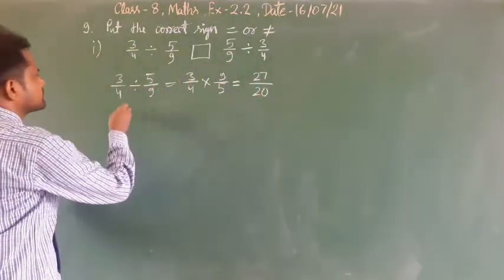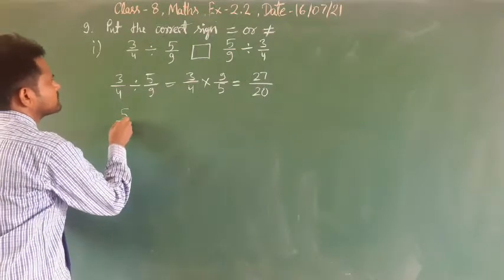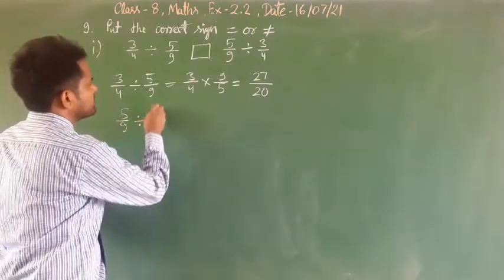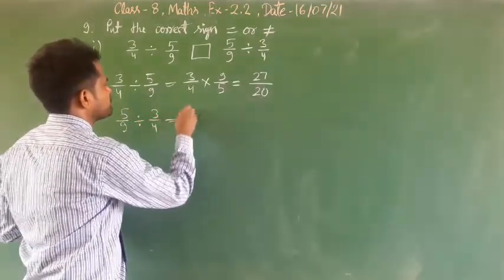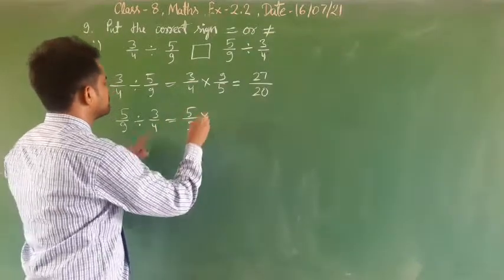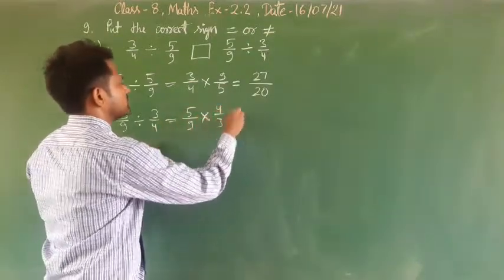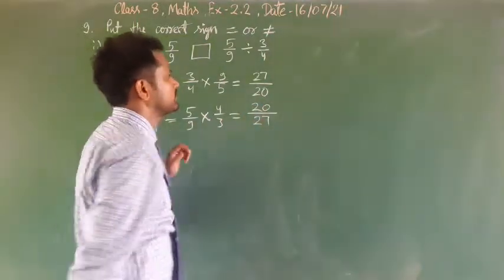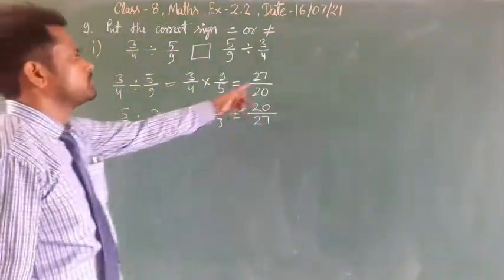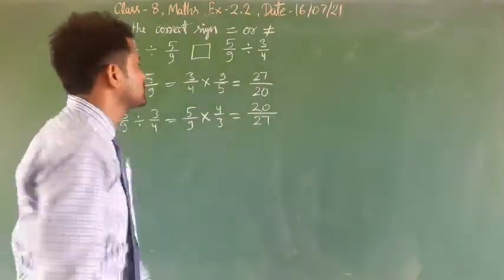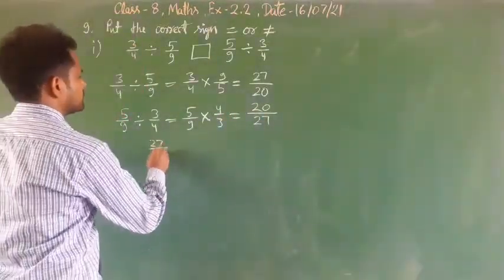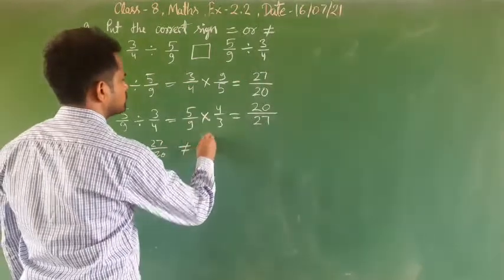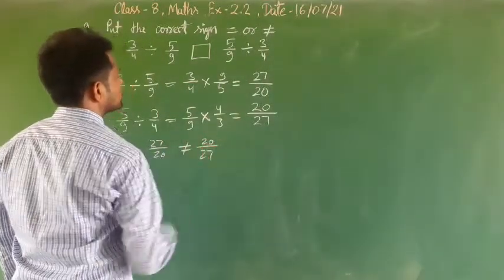Now solve this expression, that is 5 by 9 divided by 3 by 4. 5 by 9 into 4 by 3, that is 20 by 27. So both values are not same, that is 27 upon 20 is not equal to 20 by 27.